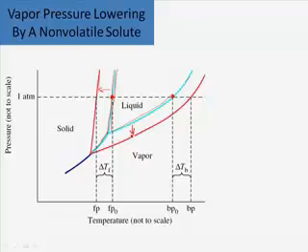And so what that does is, the place where it intersects the 1 atmosphere, here and here, means that my melting point has decreased, and my place where it intersects for my boiling point has increased. So adding a solute to a solvent will lower the freezing point and will increase the boiling point.